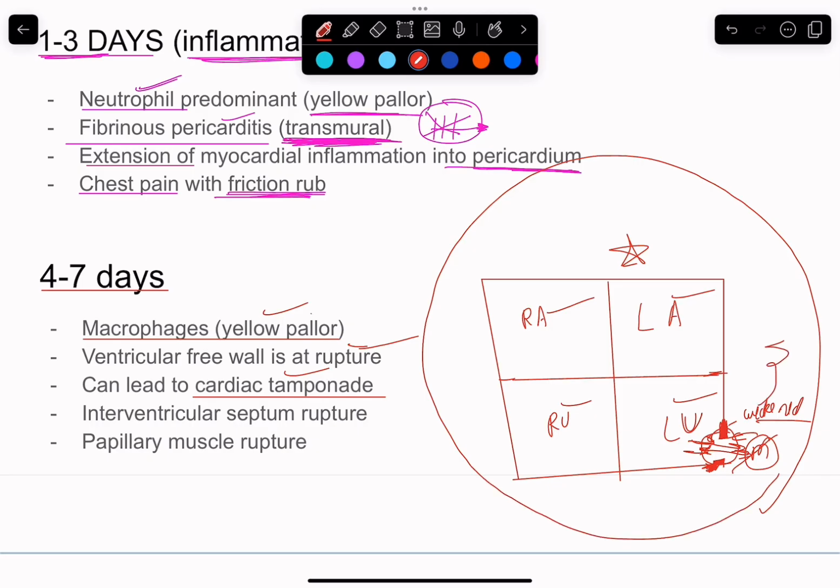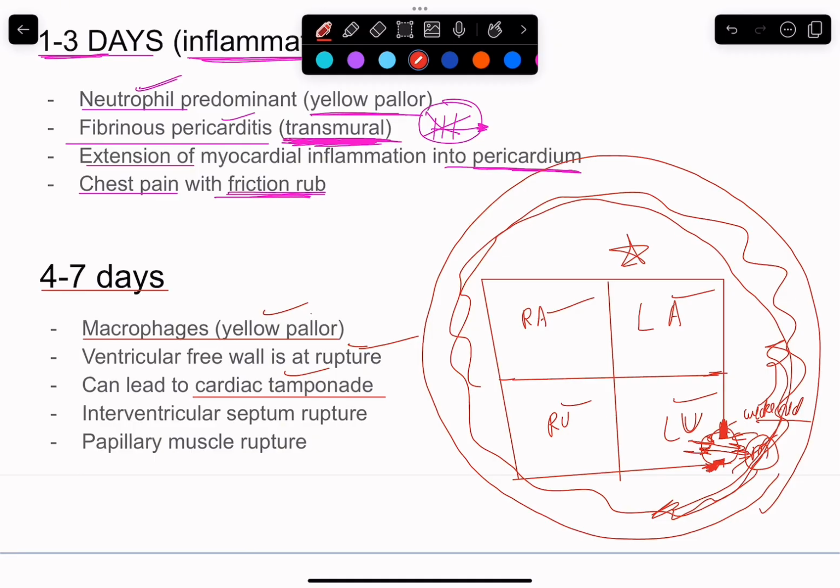So all the blood will be accumulated here, and this condition is what we call cardiac tamponade. Okay, cardiac tamponade means that there is free blood present within the pericardial sac. This will have further complications which can lead to death in the patient too.